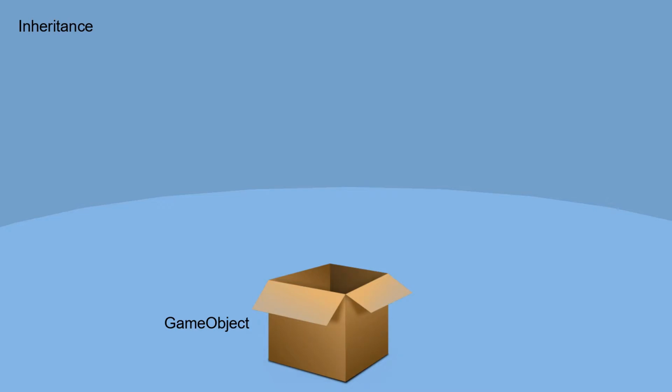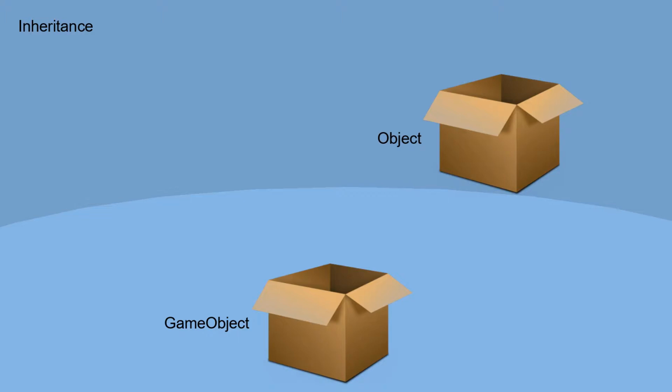Let's go back to our game object. Unity's documentation says that we are inheriting from an object. What that means is, let's say we've got this object, and inside it we've got all these definitions: variables and methods defining what object is. What we need to do is take all this object stuff and put it into our game object.